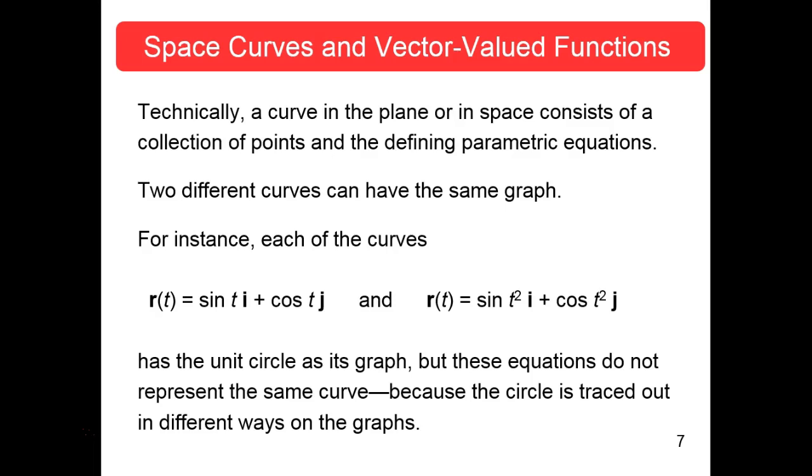This one starts with, when t is equal to 0, this is 0. So 0 on i and 1 on j. So you're starting up here. Here's your first point. And then as t increases, sine goes more positive, so that is going clockwise. And cosine is going more negative. So this is going clockwise like this.